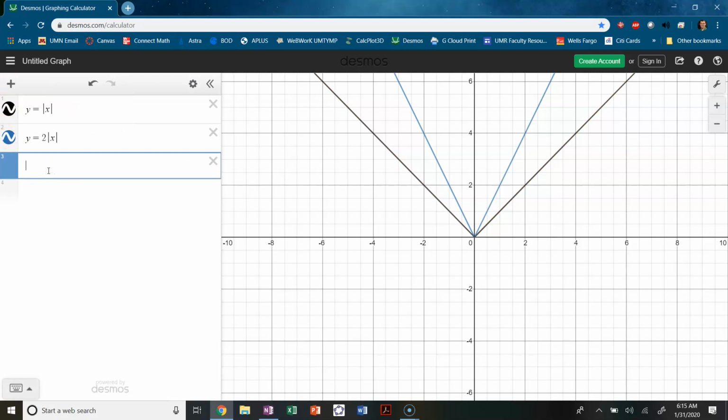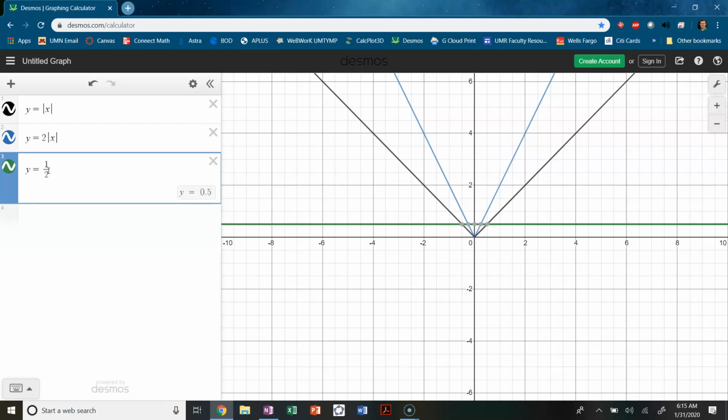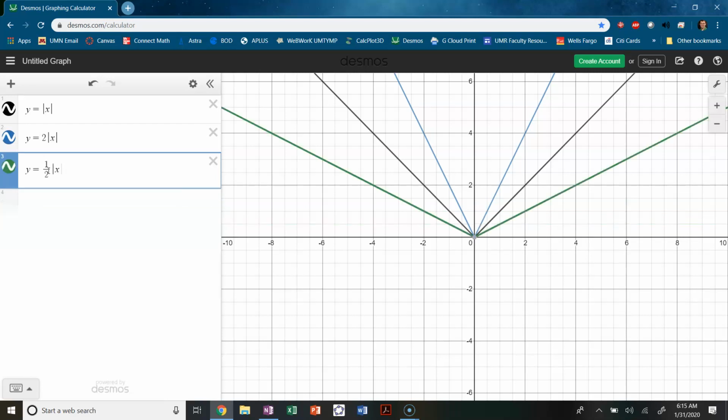Now I want you to think about what y equals 1/2 f, or 1/2 absolute value of x, would look like. You have the idea in mind? Let's see what it looks like. It went down closer to the axes.